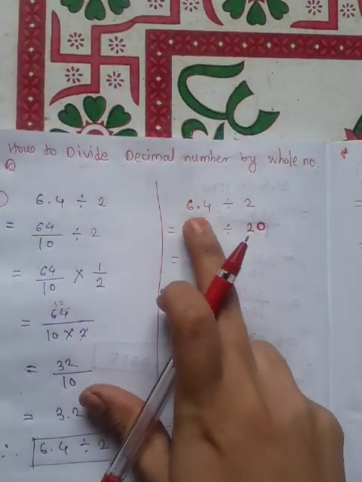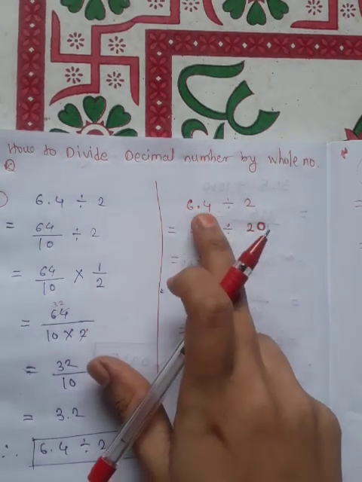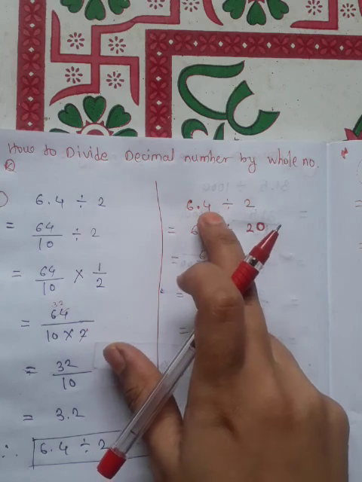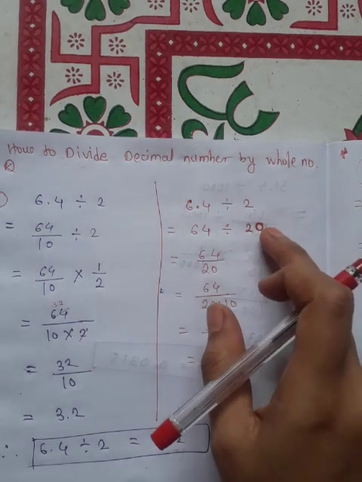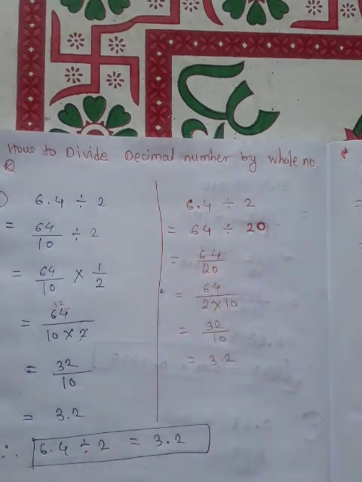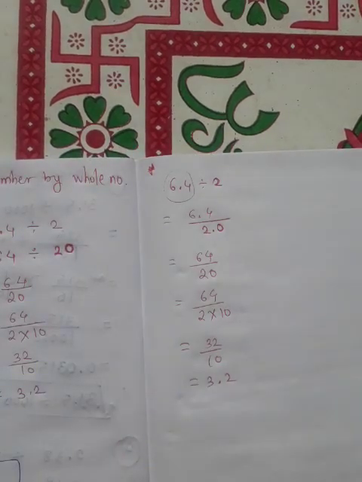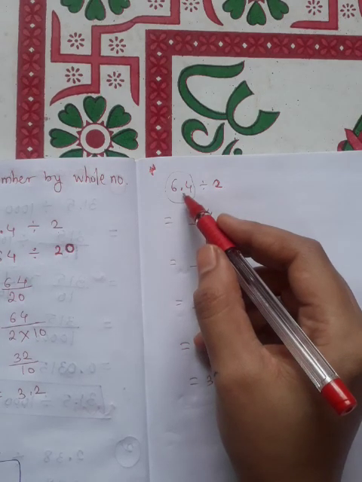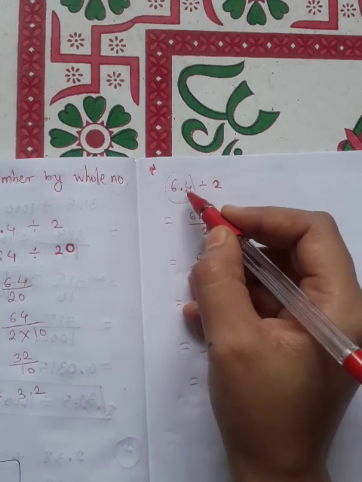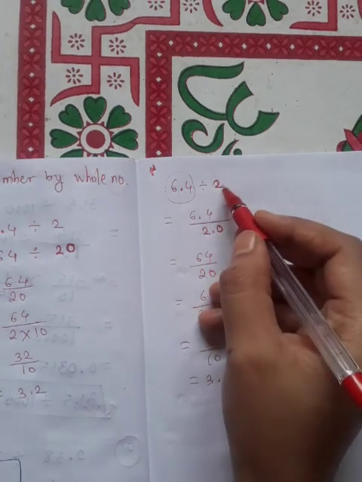Whenever we divide any decimal number by a whole number, just count the digits after the decimal point and put that many zeros in the divisor and then divide it. According to me the second method is easy. The third is also applicable, but it will be easier to apply when there is division of a decimal number by a decimal number.